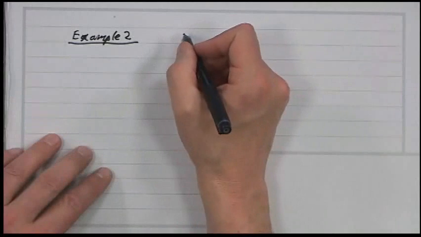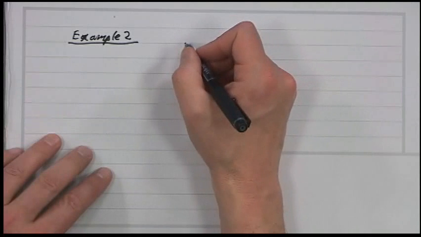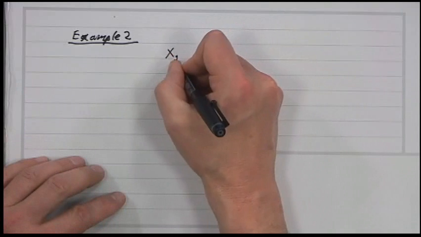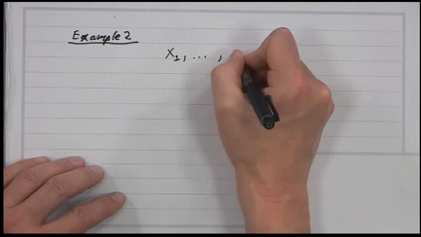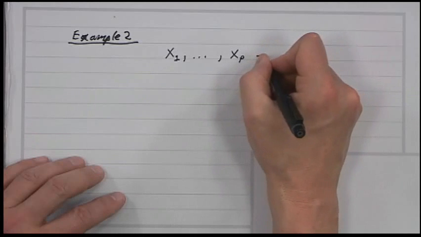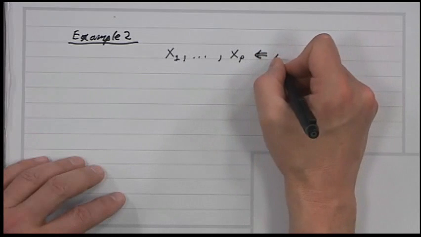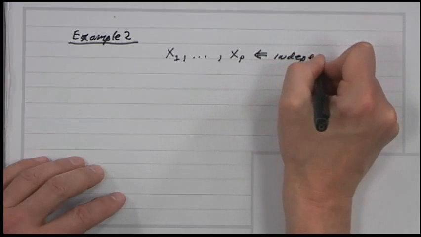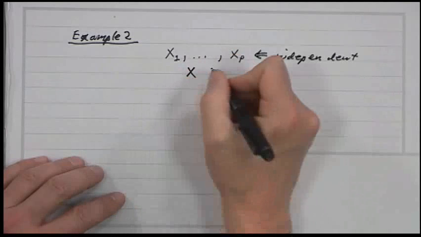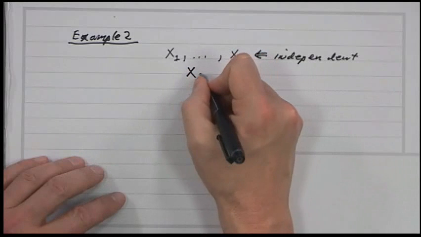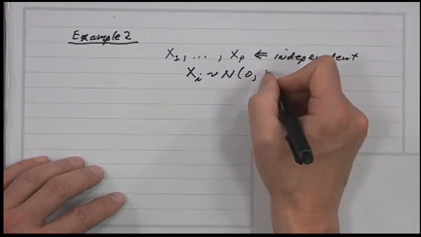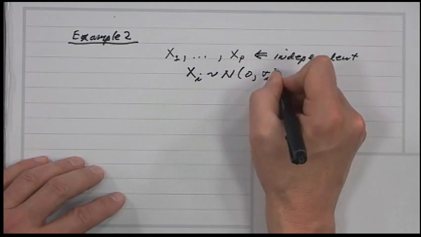Imagine that you have x1 through xp, each independent, and xi is distributed as normal with mean 0 and variance sigma i squared.